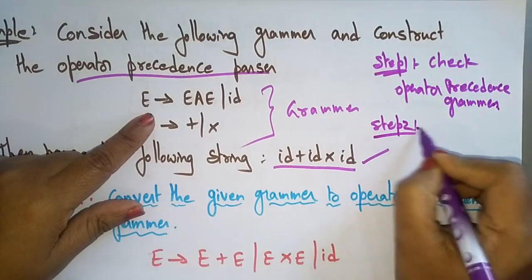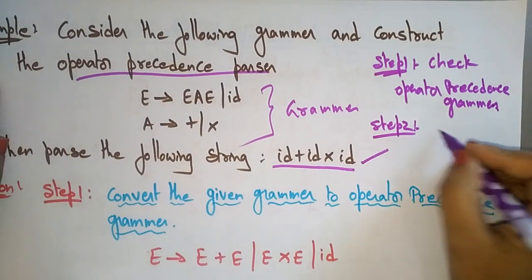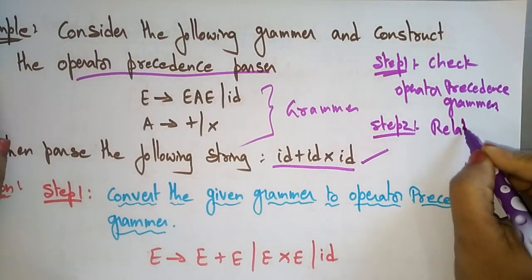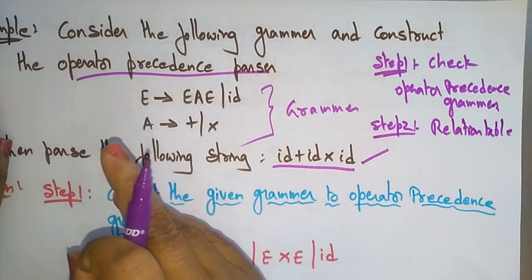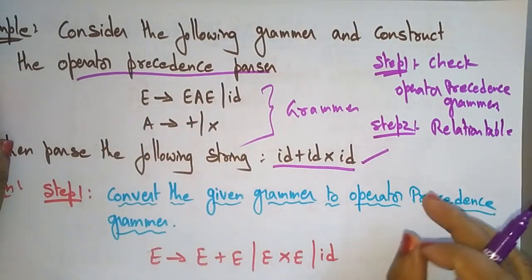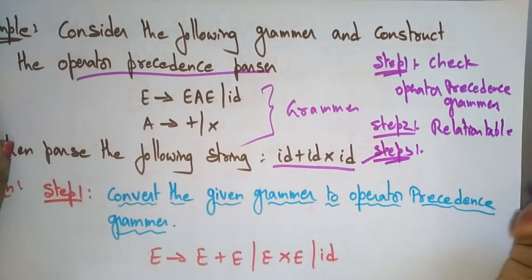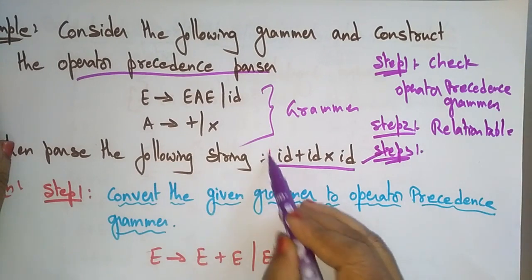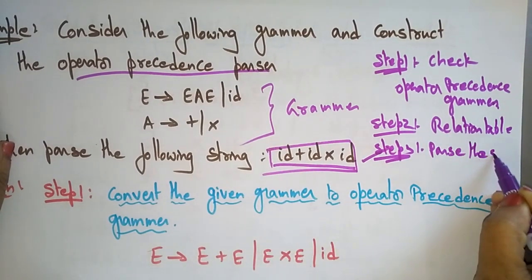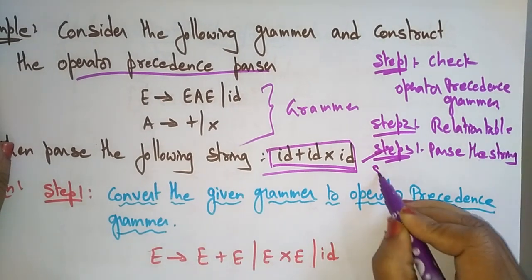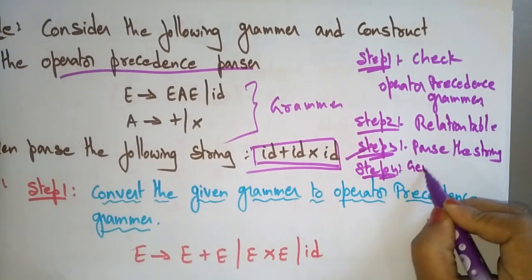Step 2 is to construct the operator precedence relation table. First, convert the grammar into operator precedence grammar. Next, construct the relation table. In step 3, you need to parse the given string. And step 4, finally, you need to generate a parse tree.